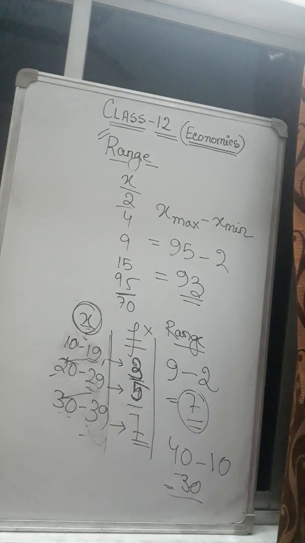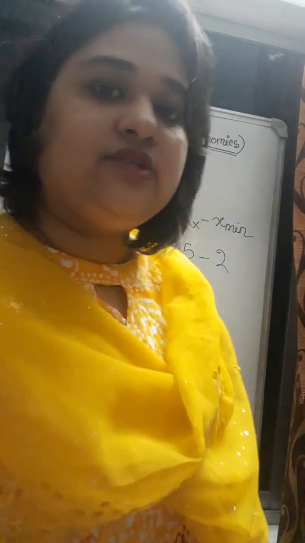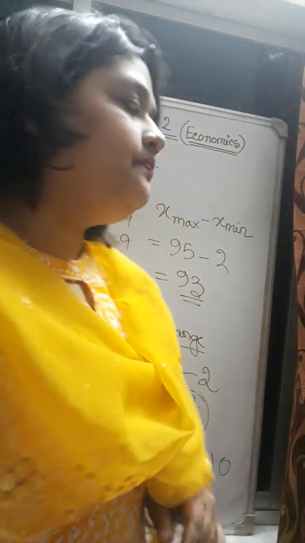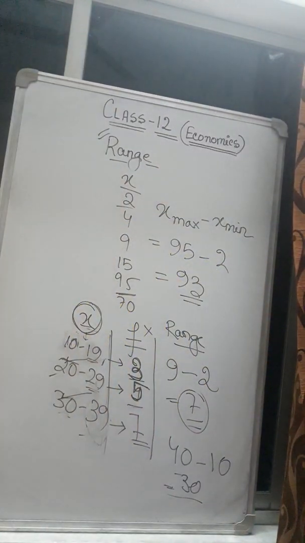Now in case of open class intervals, range cannot be found. Why can it not be found? Because if somebody has got 19.5, you generally get marks like that, 19.5. In which class does it belong? The student belongs to which class, 10 to 19 or 20 to 29?